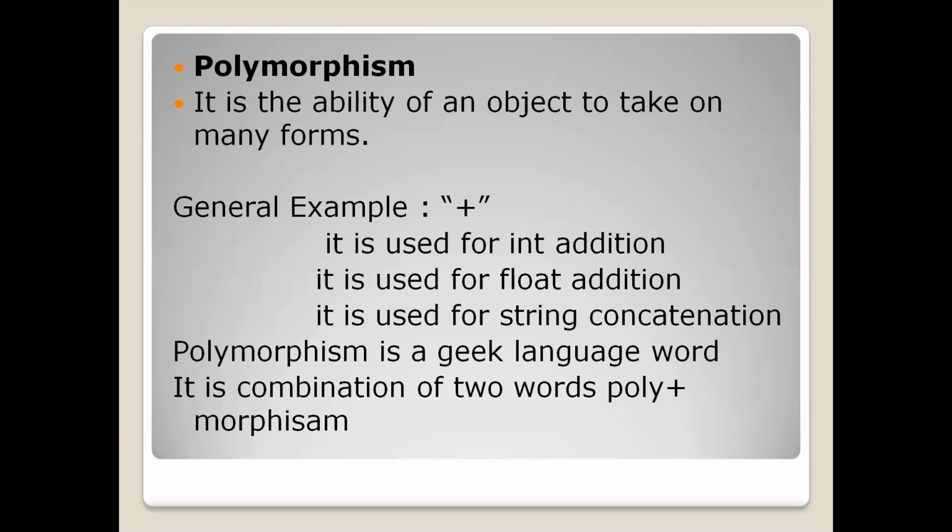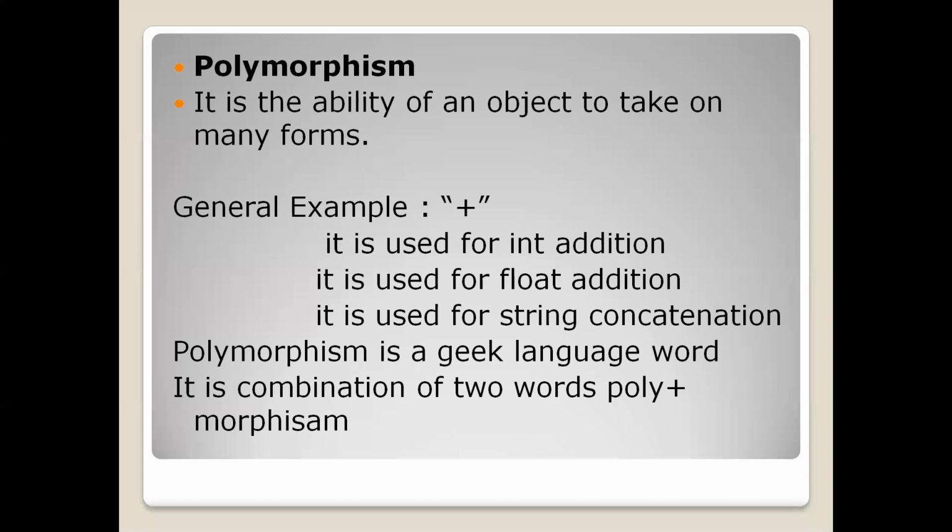So let us go to the general talk regarding polymorphism. Polymorphism is a Greek language word, and it is not a single word in Greek. It is a combination of two words, poly and morphism.